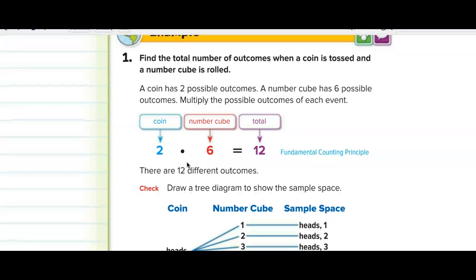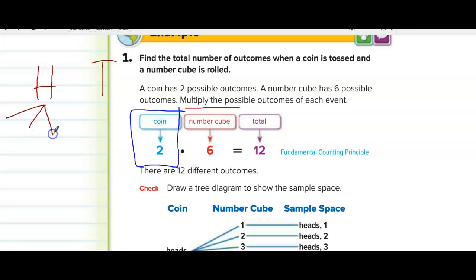cube is rolled. So right here we have our options for our coin, which are how many? Heads or tails, which is how many? 2. Okay, and then we multiplied it times our number cube, because from each of the coin options, heads or tails, I would have 6 options from each, right? 1, 2, 3, 4, 5, 6.